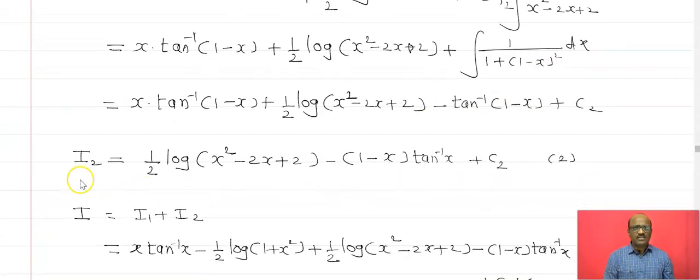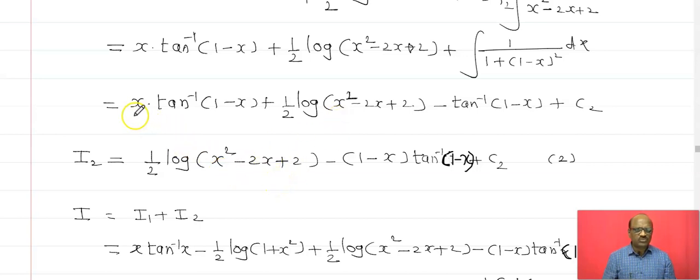Therefore, you will get I2 is equals to 1 upon 2 log of x square minus 2x plus 2 minus, now see this here, these two terms, that is x tan inverse of 1 minus x minus tan inverse of 1 minus x. Therefore this I2 is equals to 1 upon 2 log of x square minus 2x plus 2.